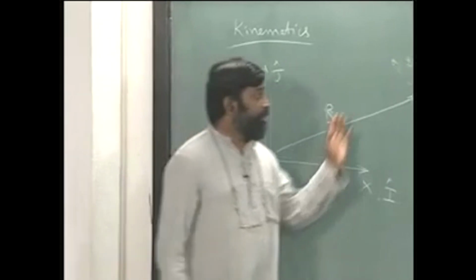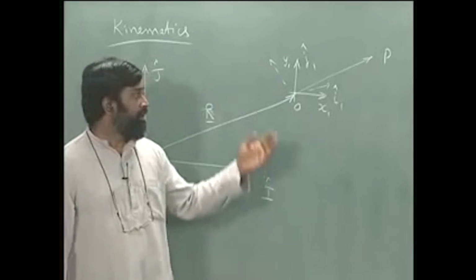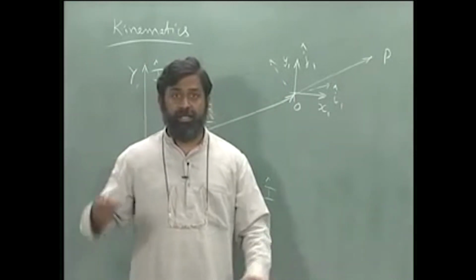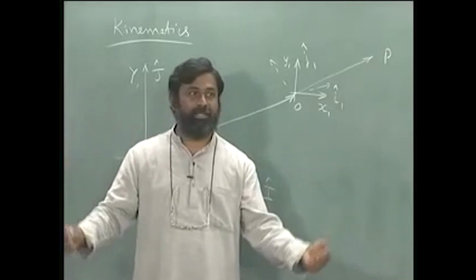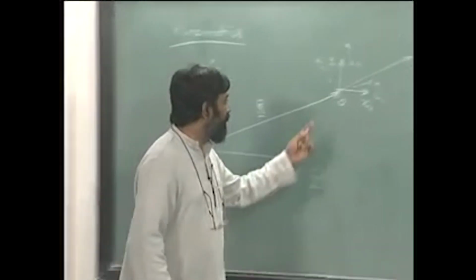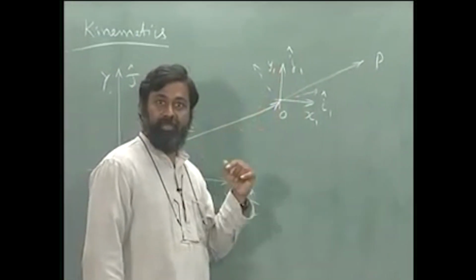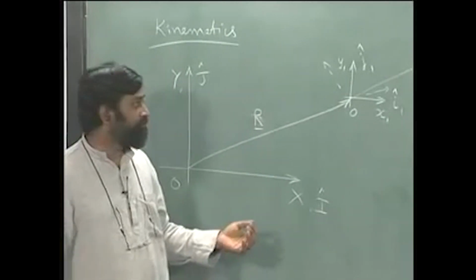There could be multifarious moving frames. For example, I could be in Chennai and there is a vehicle moving. Inside there is this studio, let us say, and I am moving around within this studio. So I have one frame which is Chennai, that is moving with respect to the fixed frame.